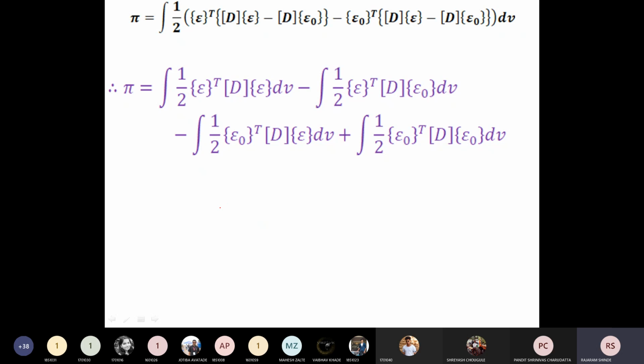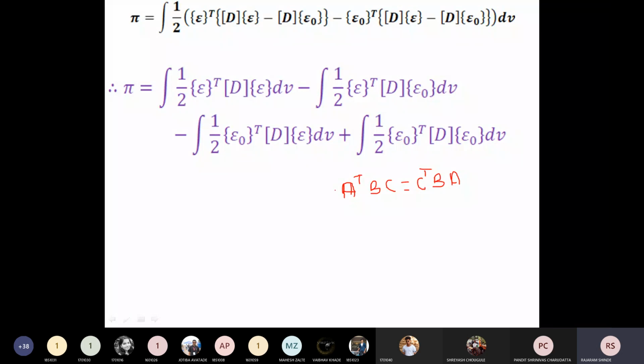Okay. Now after that, you know one matrix rule. That matrix rule is, it is A transpose B, that is matrix A transpose B into C equal to C transpose B into A. This is the one rule from the matrix, that is transpose of A into B matrix into C equal to the transpose of C matrix into B matrix into A matrix.